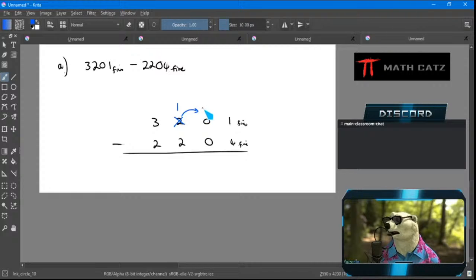Now, you could use any symbol here. I don't want there to be confusion between a finger and my 1. They're going to look way too similar. So maybe you just want to draw 5 little marks. It doesn't matter. If I draw a finger now, it looks too similar to my 1.